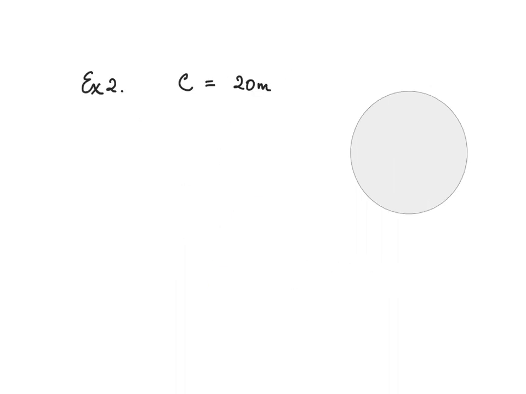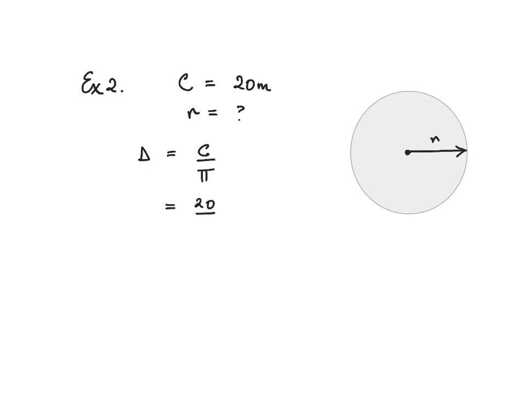Example 2, something similar. So we know that the circumference is 20 metres and we want to find the radius. Well, the formula that we're going to use is diameter equals circumference divided by pi.